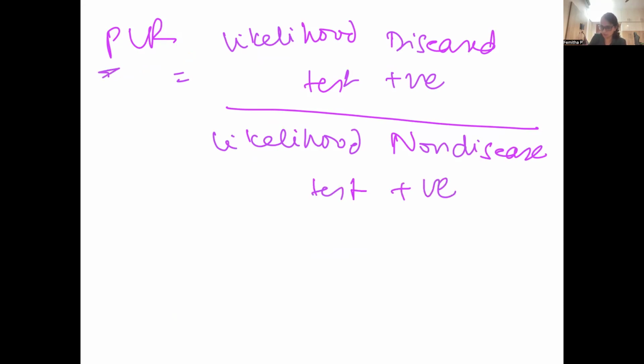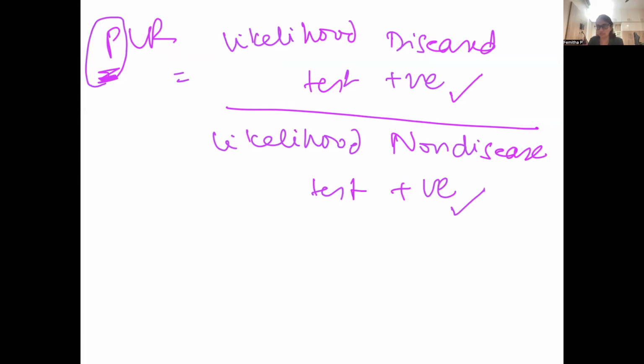We're talking about the positive likelihood ratio, so the common factor is that the test is positive in both the numerator and the denominator. But you're comparing the chances of a positive test in a diseased person to the chances of a positive test in a non-diseased person. That is your positive likelihood ratio.